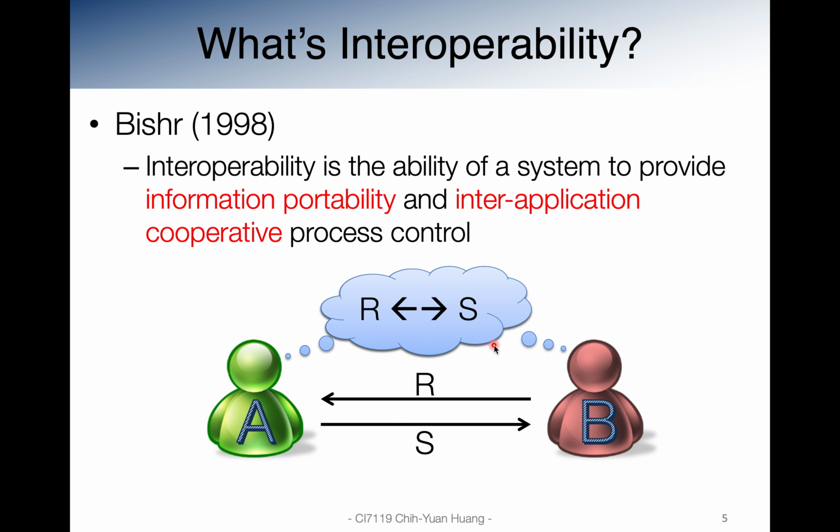For example, the reason that you can understand what I'm saying in this video is because the information I transmitted to you can be understood by you, and also we have the same context, so that you can understand what I'm saying.